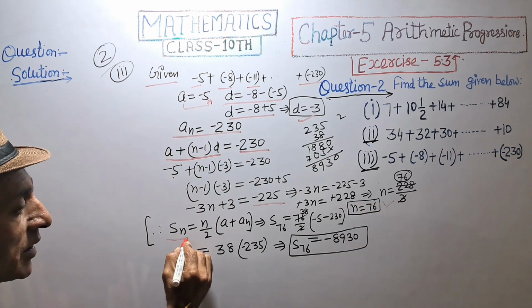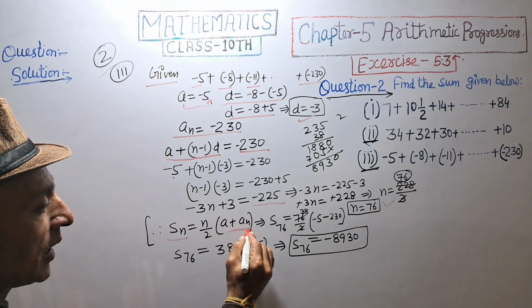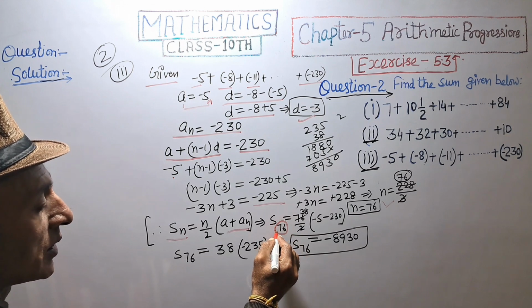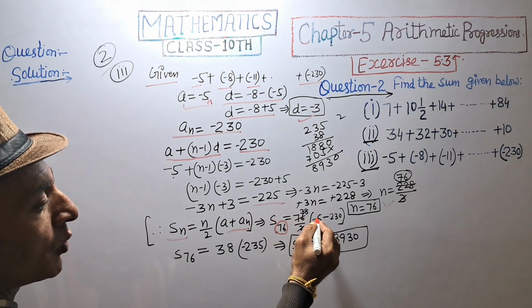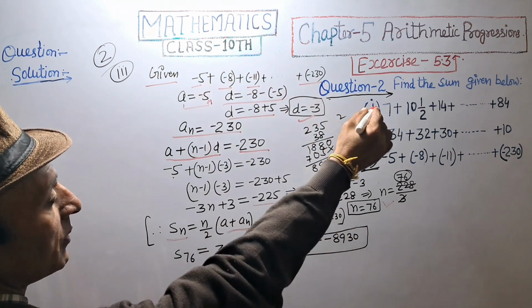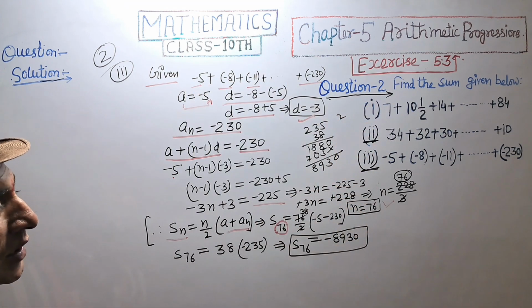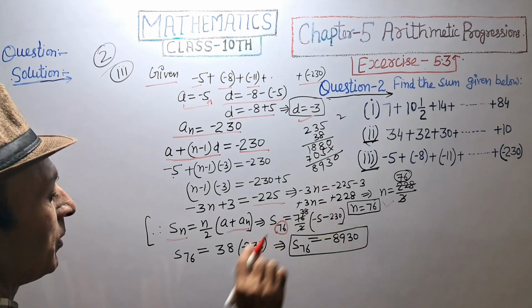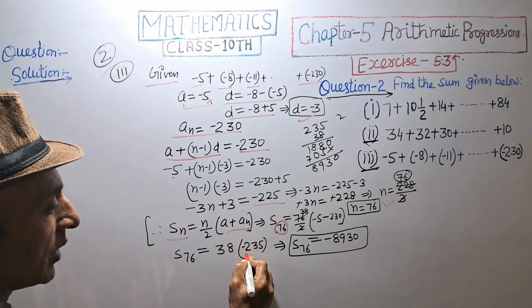But Sn is equal to n by 2 times a plus an. S76 is equal to 76 upon 2 times a plus an. First term is minus 5, last term is minus 230, and adding 230 plus 5, that is minus 235.